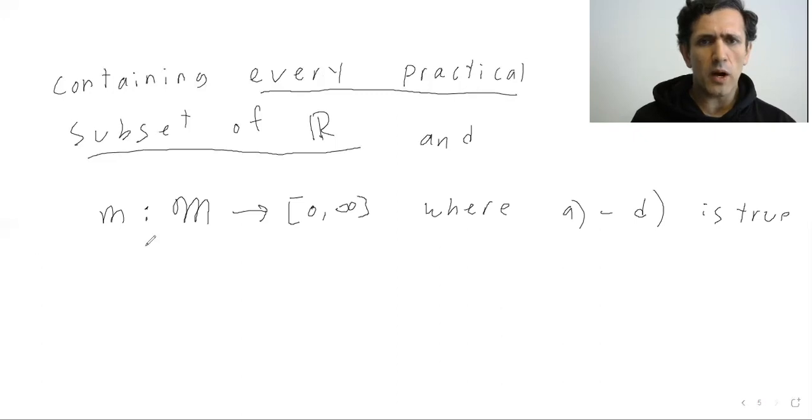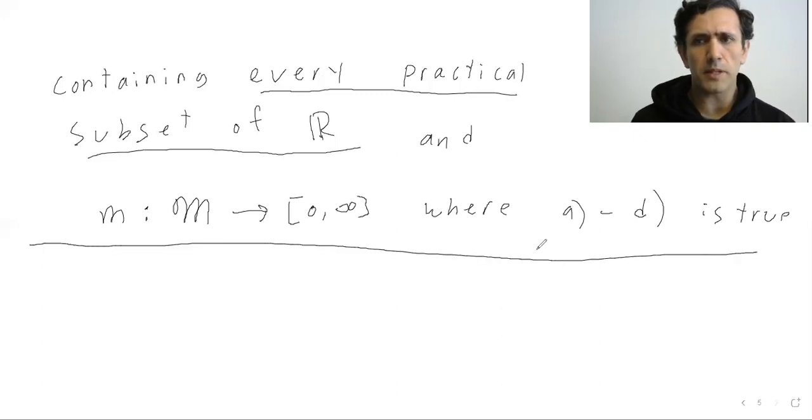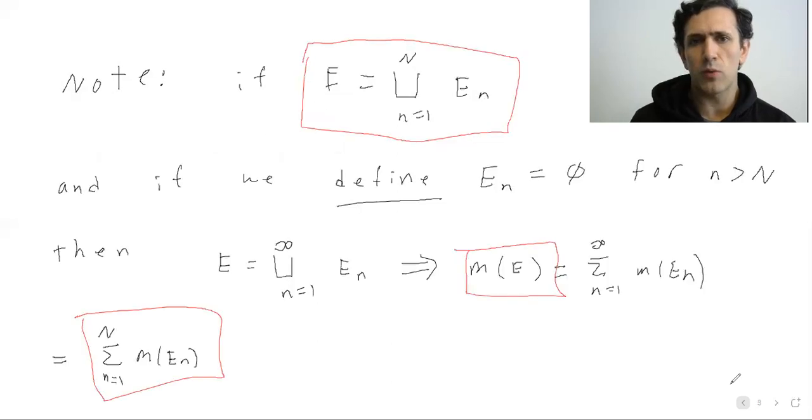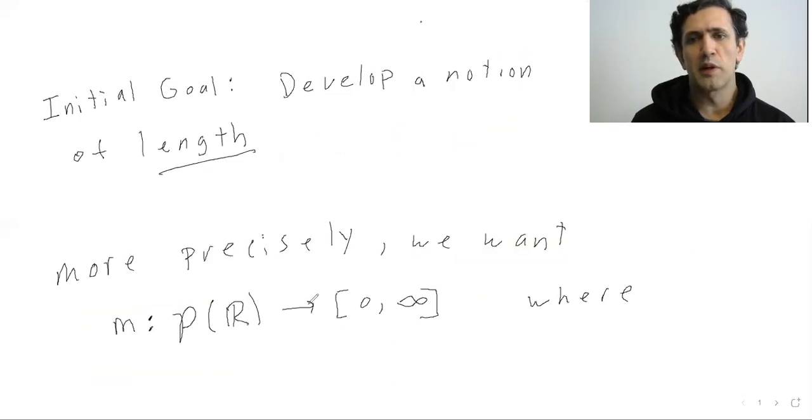So I want to talk about some applications and why we even bother with this. You might think, well, is it really worth it to spend all this time just to develop a useful notion of length for subsets of the real line? And that's debatable.